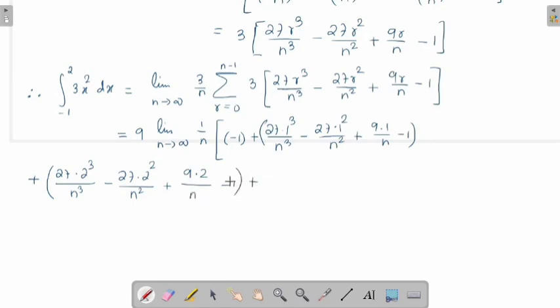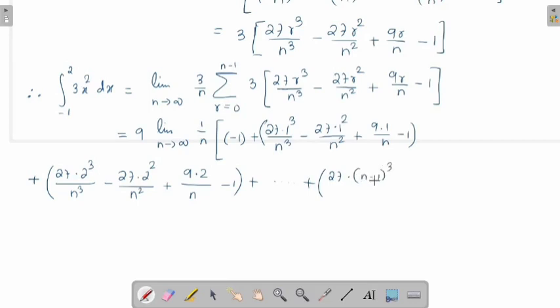Okay, similarly it continues and it will end with n minus 1. The last value of r is n minus 1.